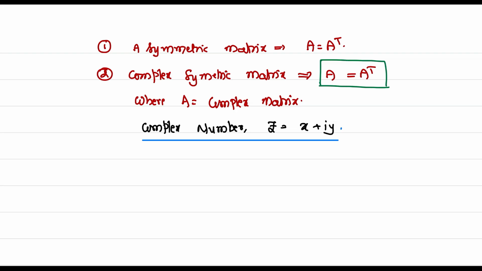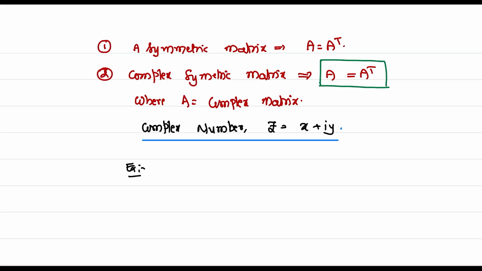In the symmetric matrix, rows are equal to columns. A is equal to A transpose means rows are equal to columns. Here I will give the example also for clarity. You take this example.